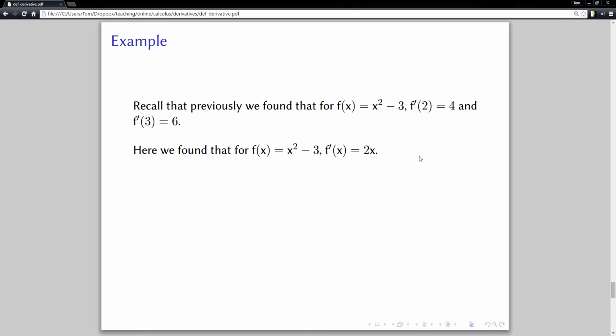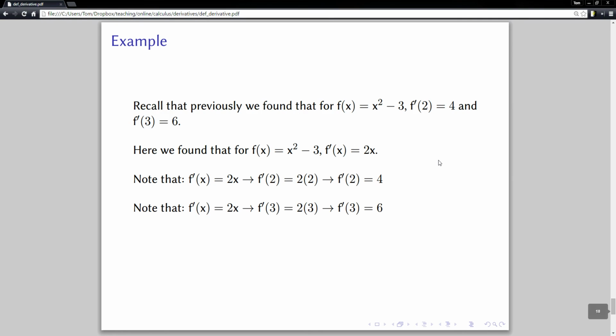And so notice the connection here. If I take the derivative, f prime of x equals 2x, and I plug a 2 in for x, then I get 2 times 2 equals 4, which is exactly the result that I had calculating it the long way.